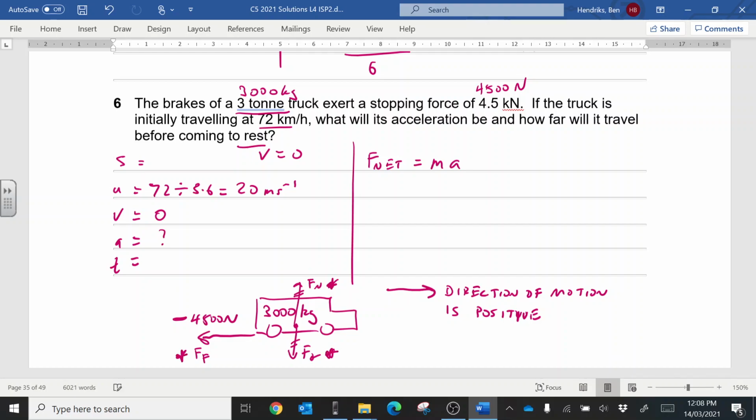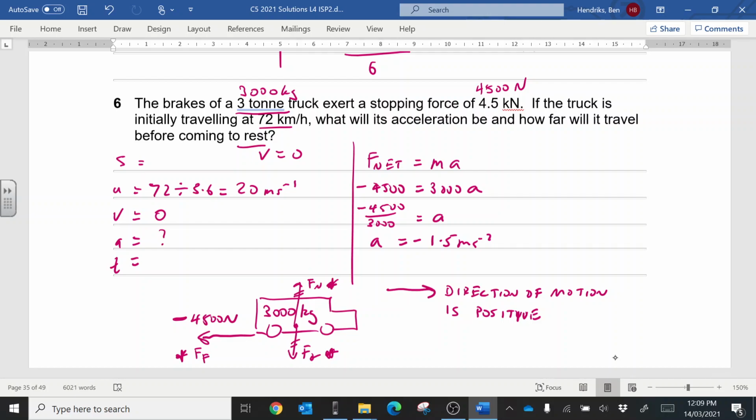So negative 4,500 is equal to a 3,000 kilogram truck times A. Negative 4,500 divided by 3,000 is equal to A, so A is equal to negative 1.5 metres per second squared. That makes sense.